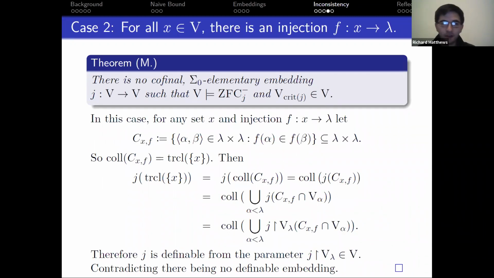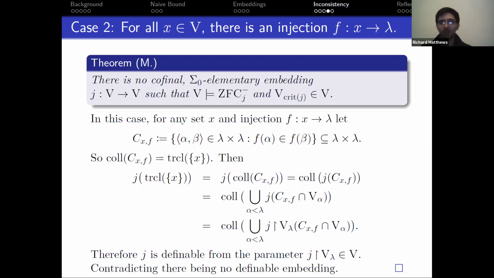Right. So j of the transitive closure of the set containing x is, by definition, j of the collapse of C_{x,f}. This is equal to the collapse of j(C_{x,f}). And now j(C_{x,f}) is a subset of lambda times lambda by elementarity. So if we just look at what's in the brackets here, this bit is equal to this bit. To see this, j(C_{x,f}) is equal to j(C_{x,f}) intersected with V_lambda, which is the union over all alpha of j(C_{x,f}) intersected with V_alpha.